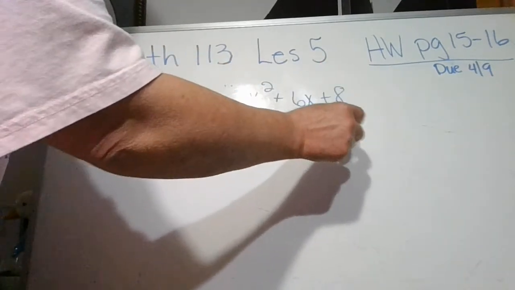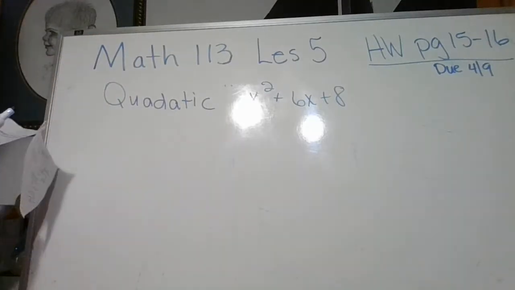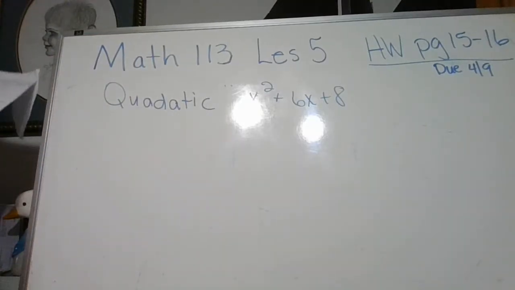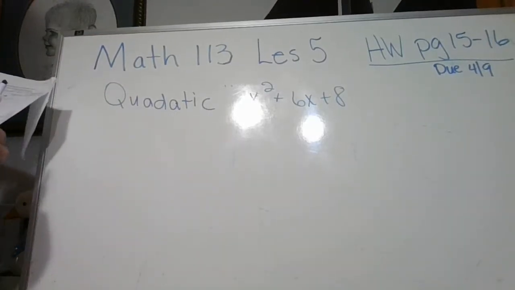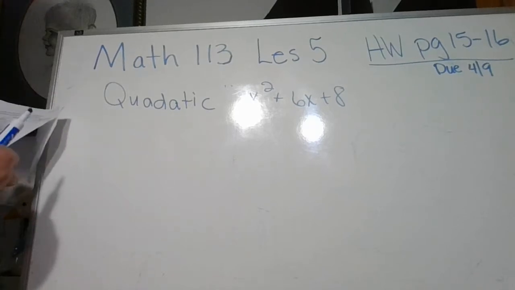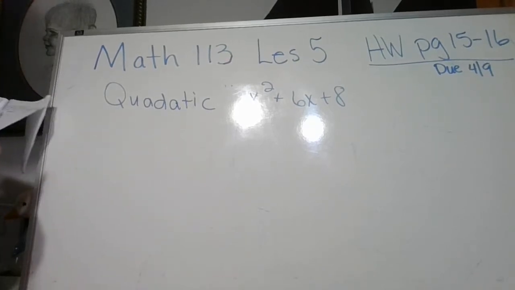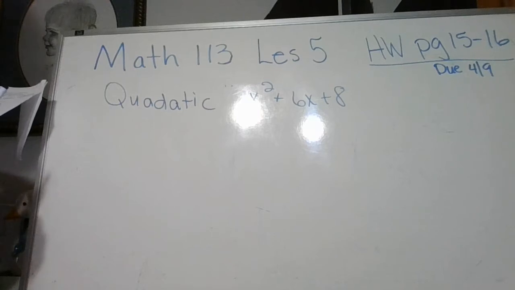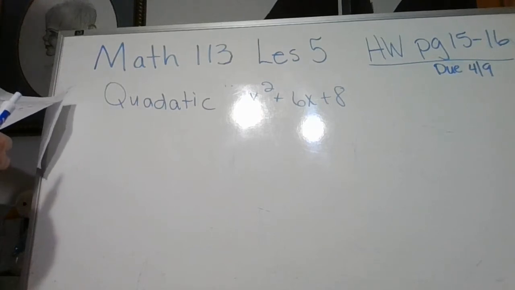That is a quadratic because of that square right there. So there are different ways to do it. You can factor and use the zero factor property. You could try the square root property or the quadratic formula.